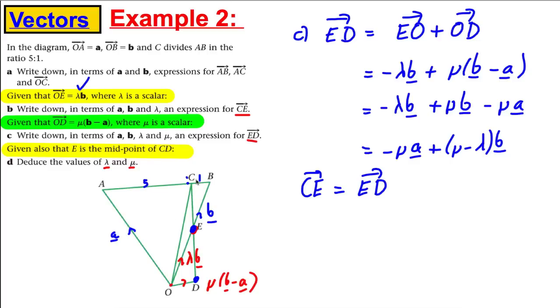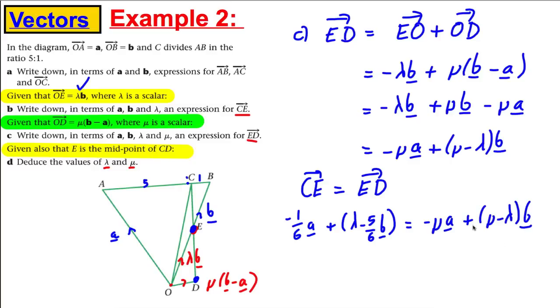Now, what was C to E by our previous work? C to E we had as negative a sixth A plus lambda minus 5/6 B. And E to D, we've got this up here: E to D must be negative mu A plus mu minus lambda B. Now, this is using our knowledge from the previous video.